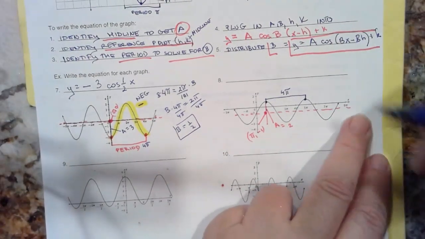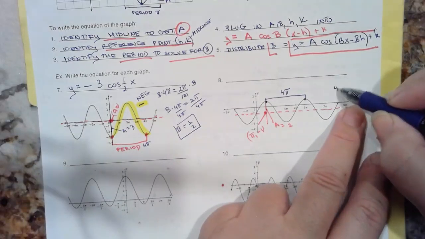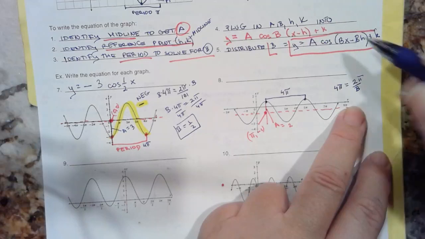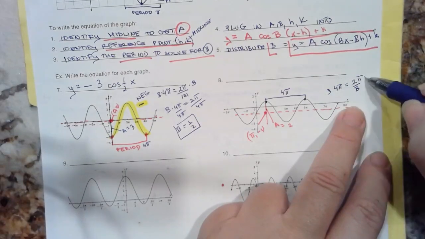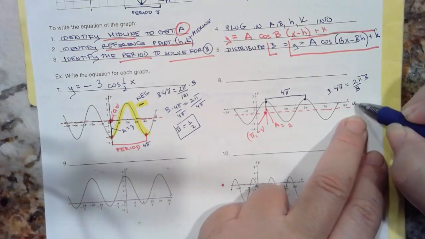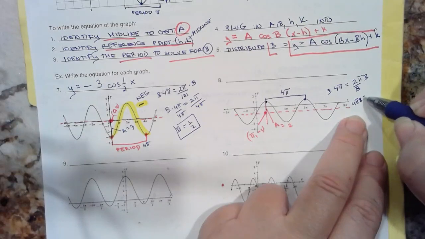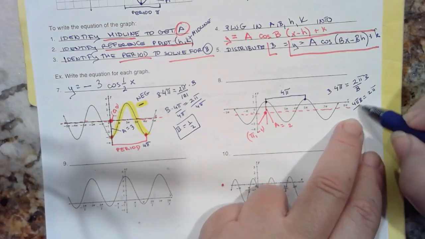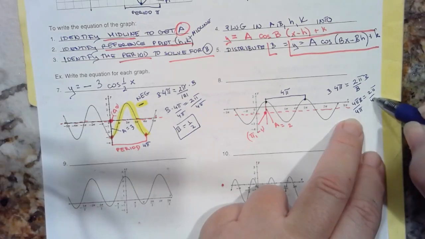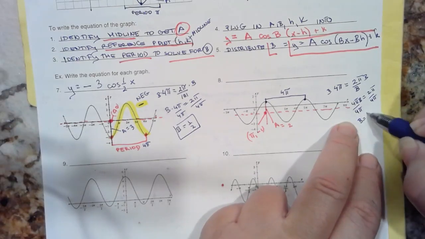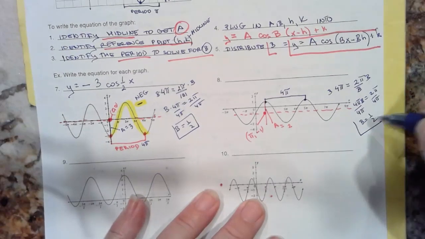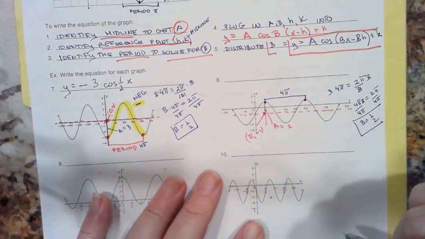Okay, so 4 pi equals 2 pi over b. Again, multiply by b. So 4 pi b equals 2 pi. Divide by 4 pi. B is 1/2. Again, b is 1/2.